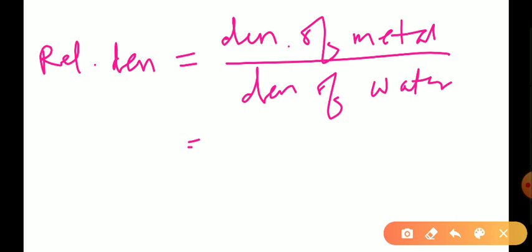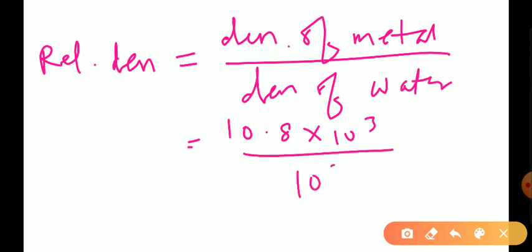The density of metal they have already given, that is 10.8 into 10 raised to 3, and the density of water is 10 raised to 3, so this will get cancelled and the result will be 10.8. This is a relative density, so no unit will be there. Only 10.8 will be the result for it.